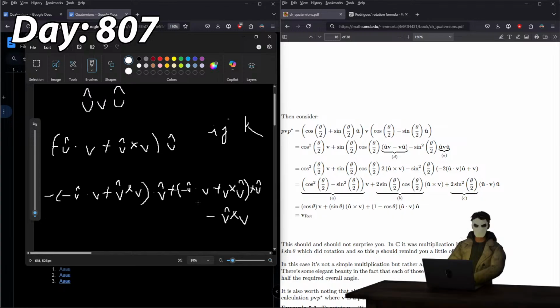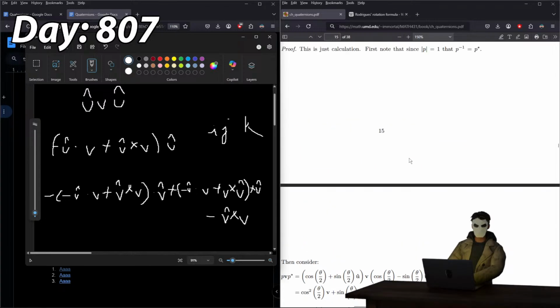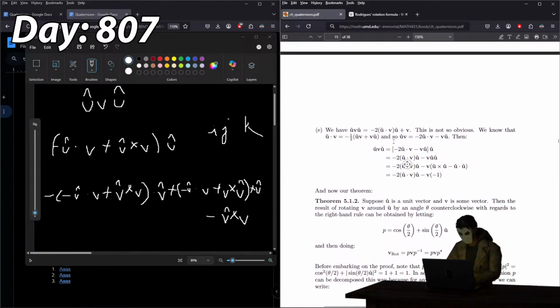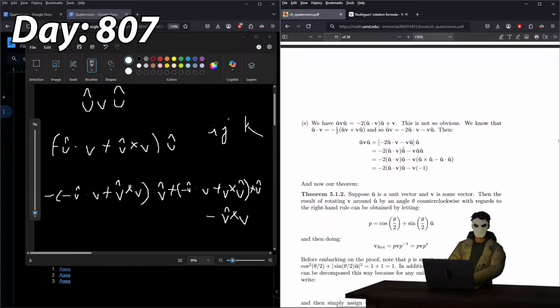What happens when you double cross something? Okay, it says E right there, which I'm assuming means if we go back, not obvious, we know that uv is equal to 1/2 this. Do we though? Yes, we do. Wait, oh, because negative. Yes. We do. Right.